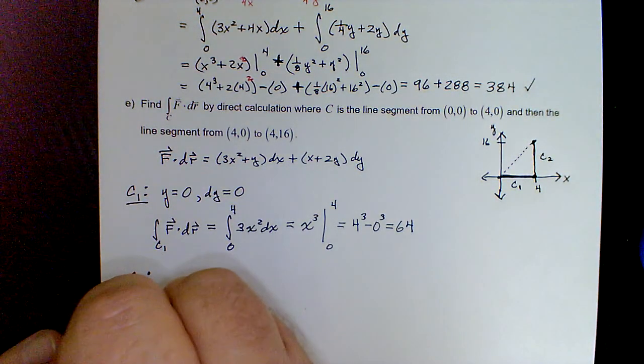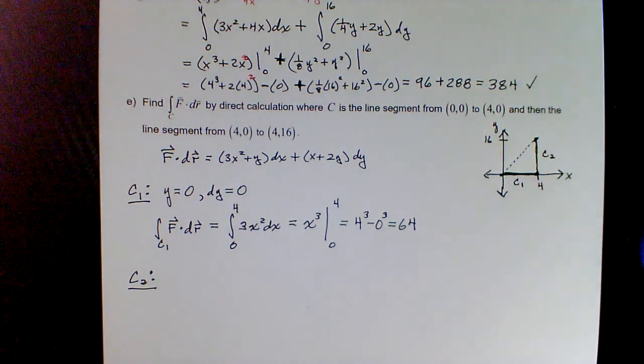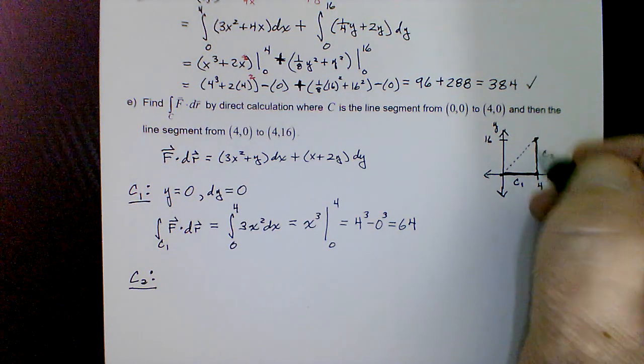And then along C2, you have to take a look at the graph and determine what's constant and what's changing and what's not changing. And so along C2, x is always the same.